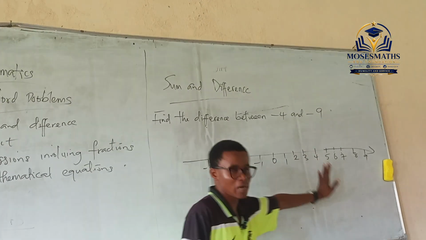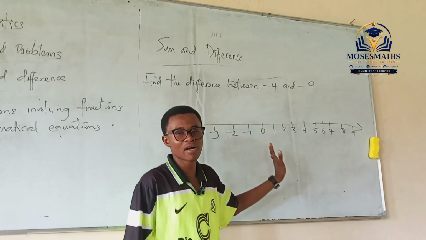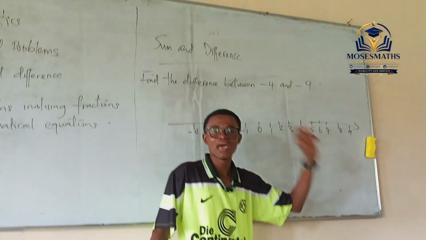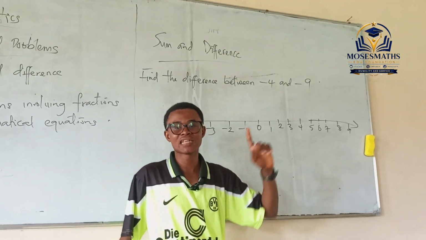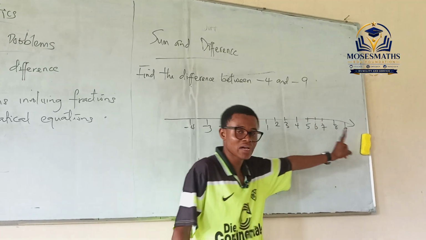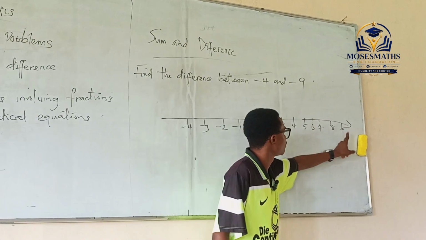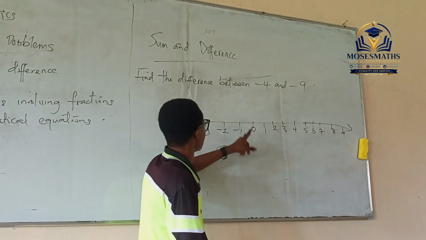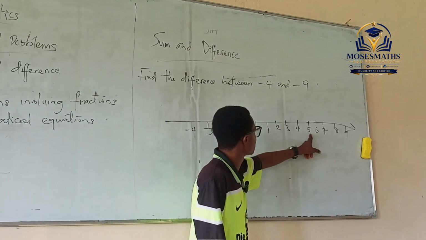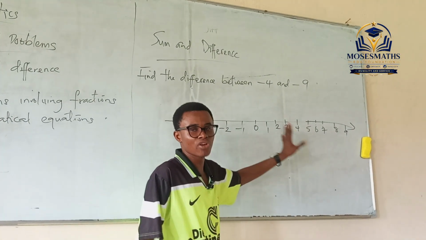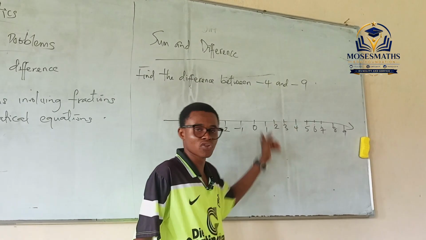So any number that comes before another number is less than that number, because the numbers are increasing like this. So 9 is greater than 2, 5 is greater than 4, since the smaller numbers are in front of the other number.